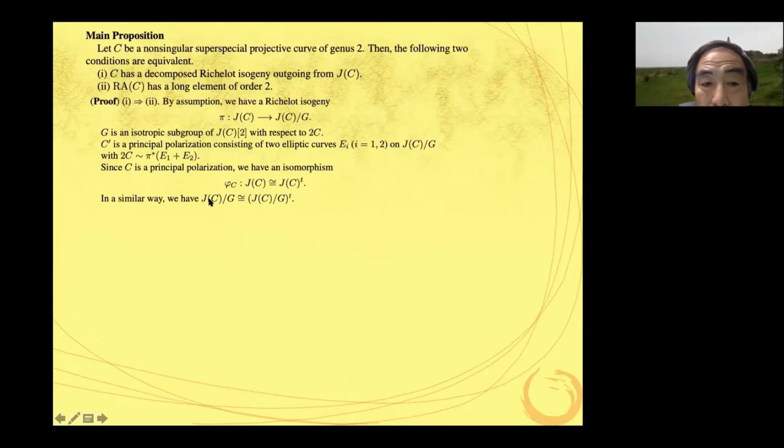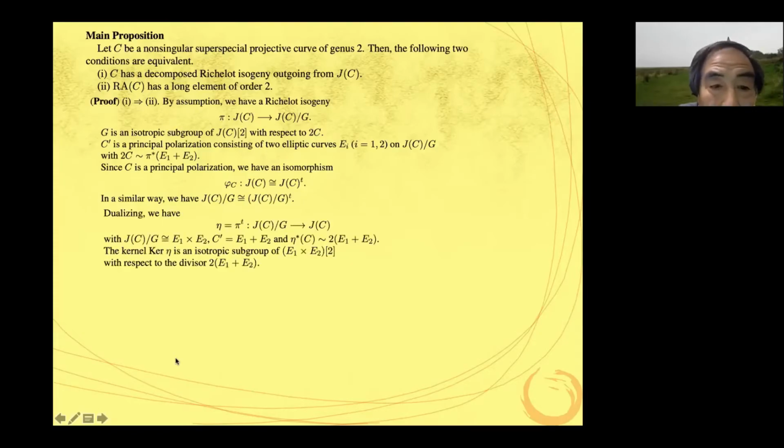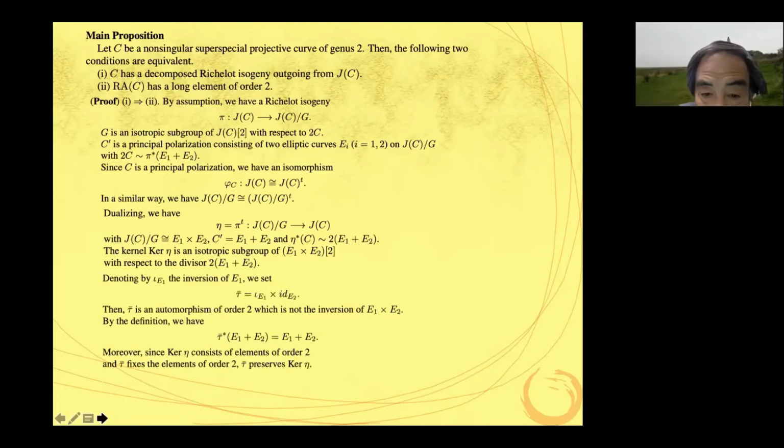Similarly, we have this and this are isomorphic. JC over G is isomorphic to the dual of this dual. And so dualizing this situation, we have such a situation. And then this is the dualizing situation.